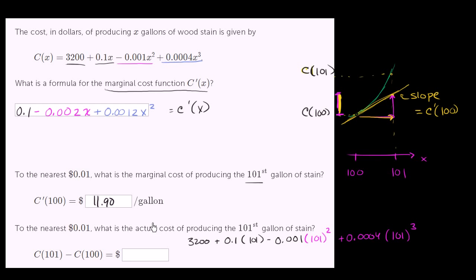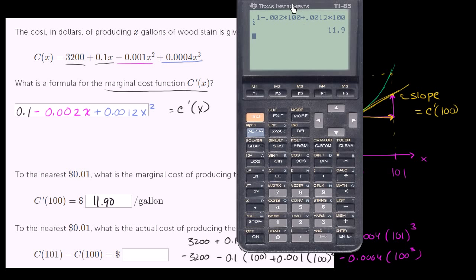And then we're going to subtract 3,200. We're going to subtract 0.1 times 100. We're going to then add 0.001 times 100 squared. And then we're going to subtract 0.0004 times 100 to the third power. So let's get the calculator out and calculate that.